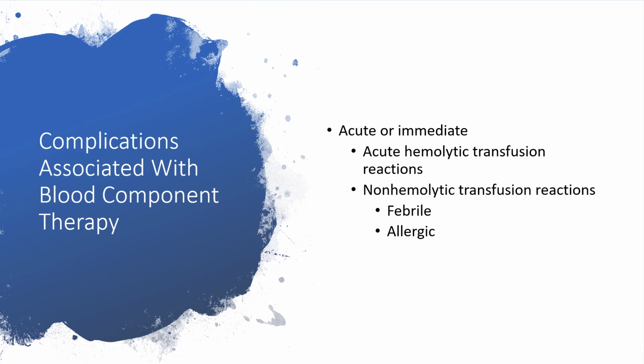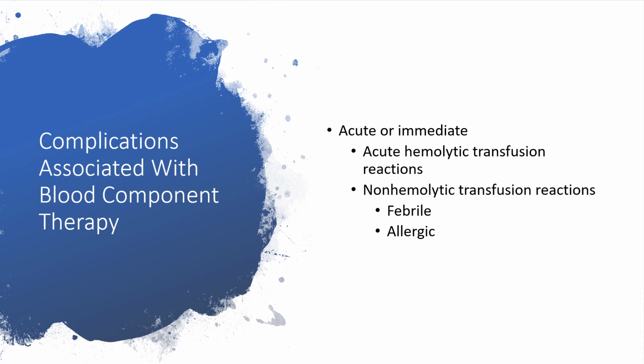In the transfusion setting, a fever is defined as a temperature elevation of 1 degree centigrade or 2 degrees Fahrenheit from the baseline within 4 hours of administration. As I mentioned previously, you need baseline vital signs to compare if the patient is showing any complications of transfusion.